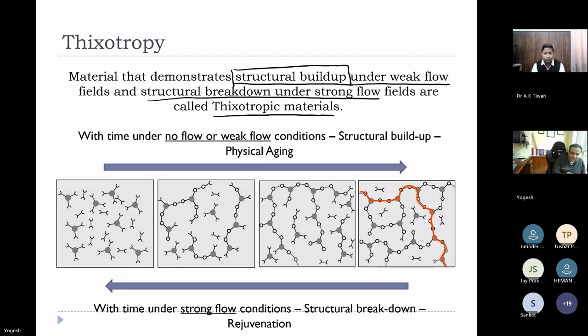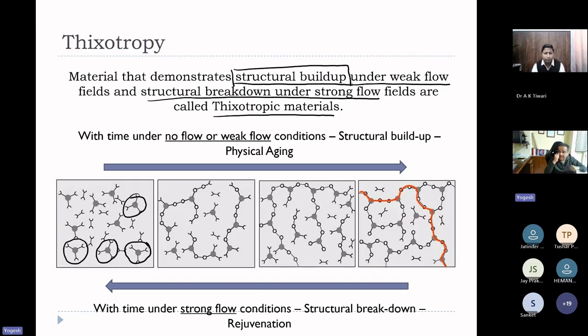All right. So this has been explained through this particular schematic, and you can see that these are units which can undergo thermal motion, and with time they simply connect to each other. So they have some attractive interactions. Why do they connect to each other? Because one particle has the ability to move and collide with the other particle.